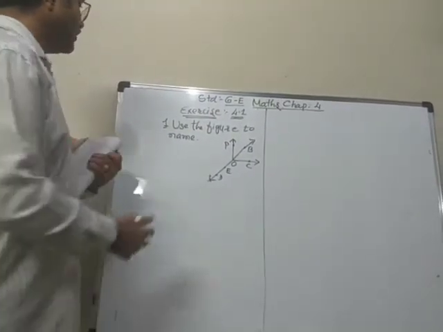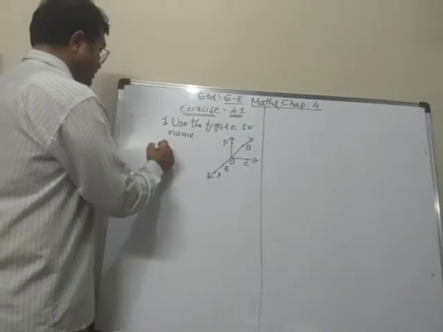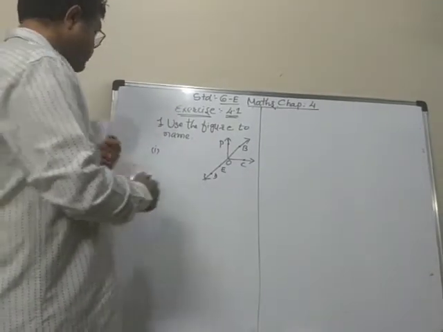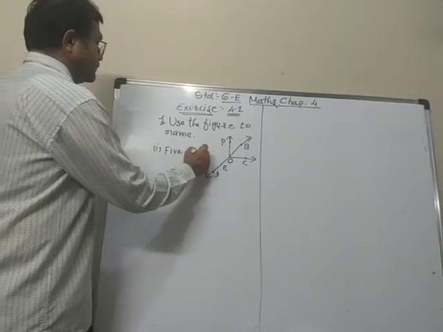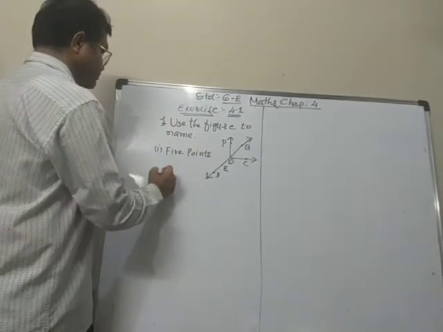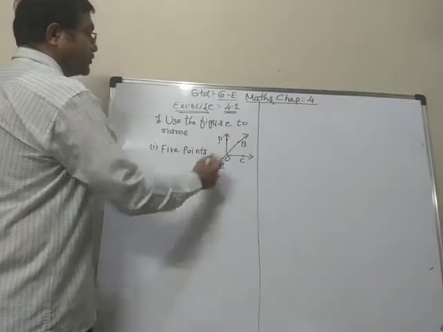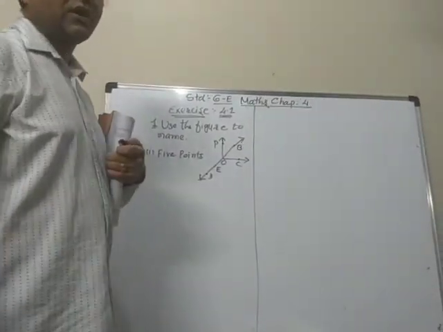Now what we have to find out, the first one is 5 points. So we will write down 5 points from here. You can write down any points.